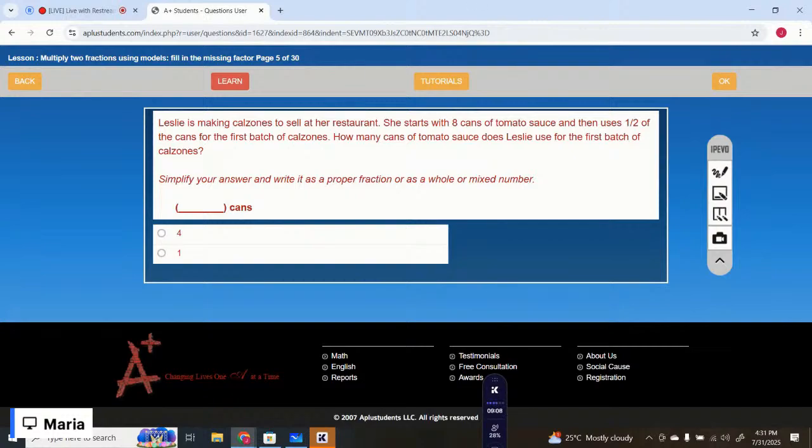Leslie is making calzones to sell at her restaurant. She starts with 8 cans of tomato sauce and then uses half of the cans for the first batch of calzones. How many cans of tomato sauce does Leslie use for the first batch of calzones?